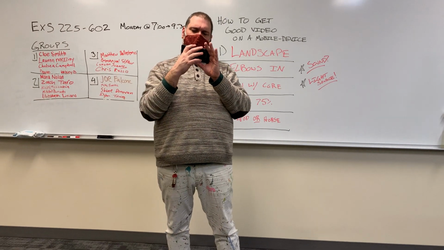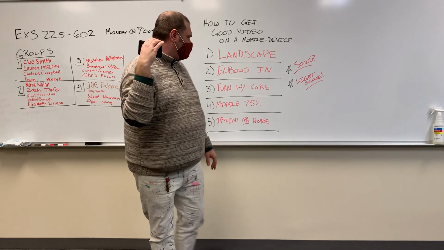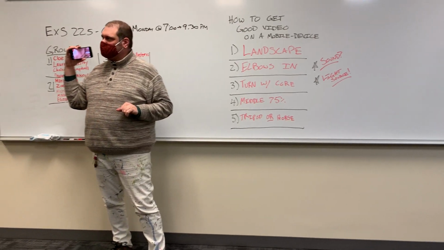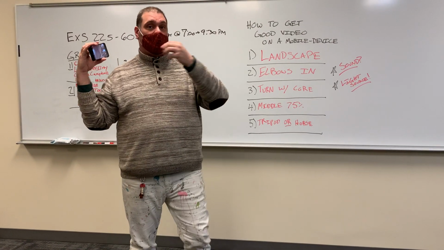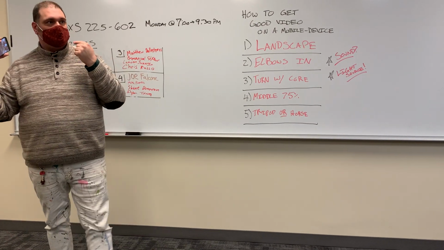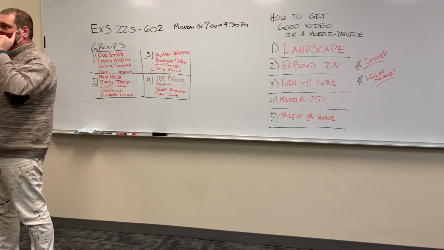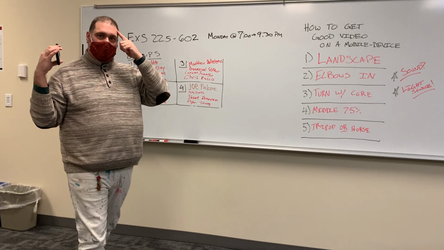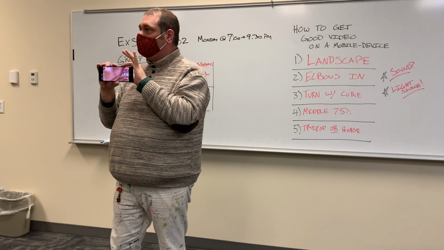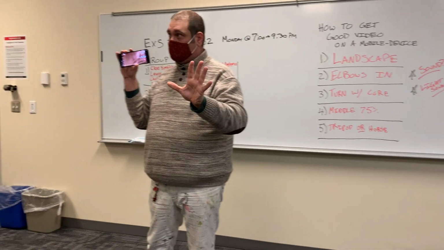Now, another thing that can really help, let me get my hand in front of this. Another thing that really helps is the middle 75%. All cameras and your eyeballs are round, right? They're sphere-like, convex, come out. Your brain, the software in this phone, it's bending that image to make it look flat.